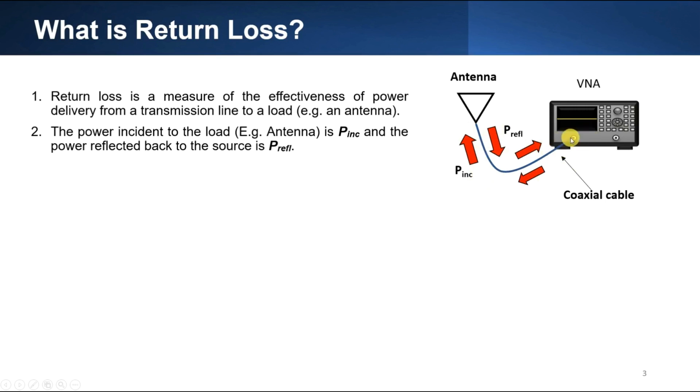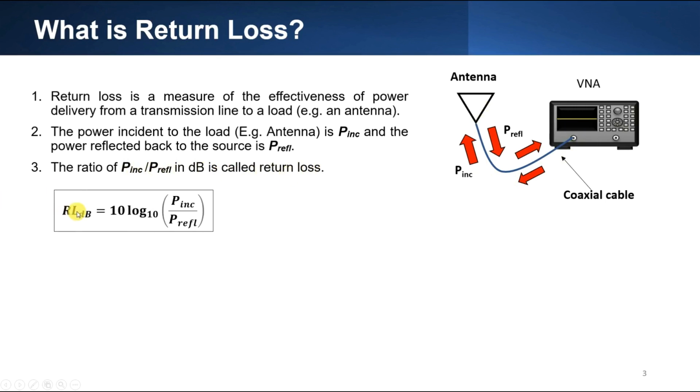From here, we can know how much power we have transmitted and how much power has reflected back to the VNA. Okay, so the ratio of power incident over power reflected in dB is called return loss. So return loss in dB is equal to 10 log power incident divided by power reflected.